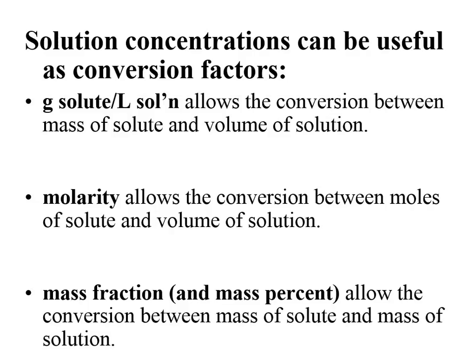So for instance, if you have it in grams per liter, and you want a certain number of grams, I'll put it over 1, you can use your concentration, liters per gram, to get to liters.